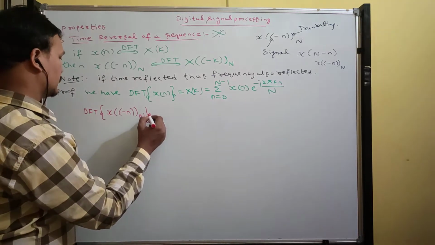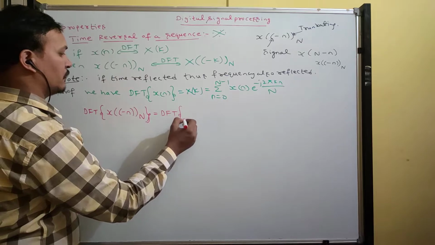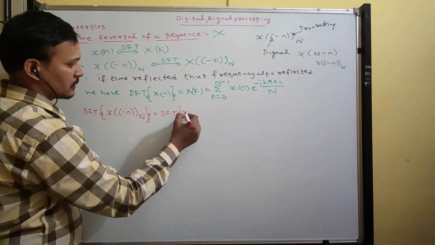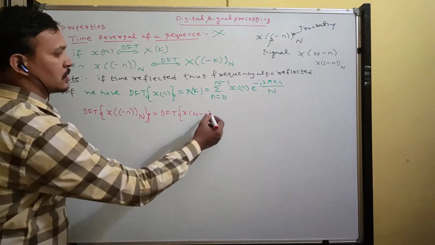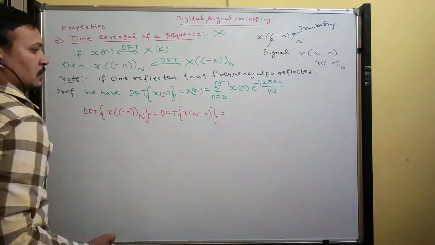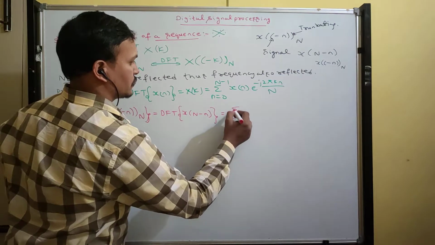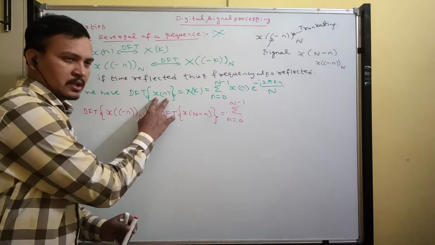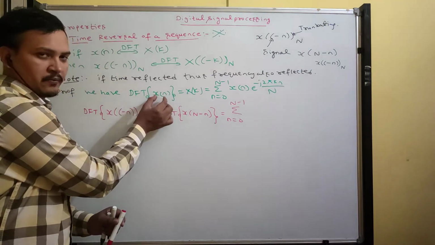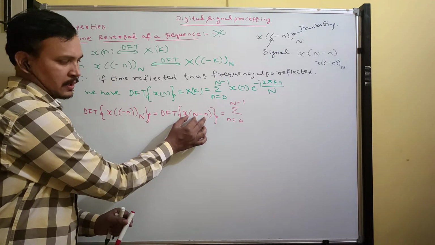So this can be written as DFT of x of N minus small n. So further apply the formula. Summation n equals 0 to N minus 1. In place of x of n, what we have? x of N minus n.